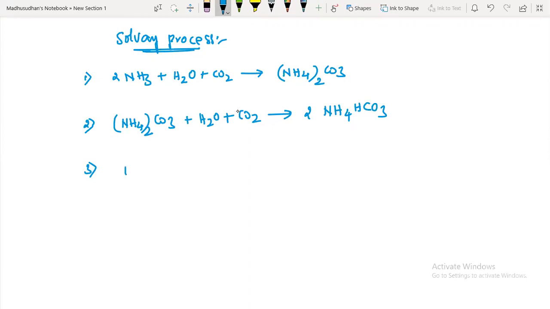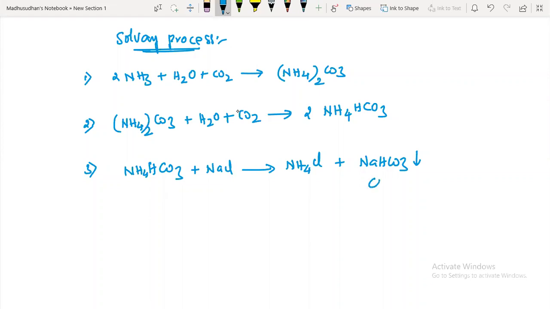And this ammonium bicarbonate on reaction with sodium chloride gives you ammonium chloride plus sodium bicarbonate. This sodium bicarbonate is a precipitate now.